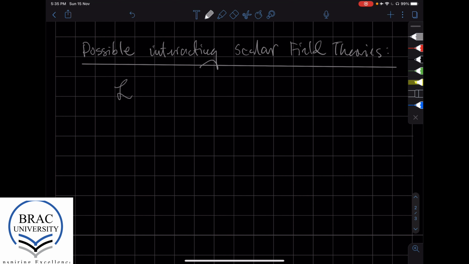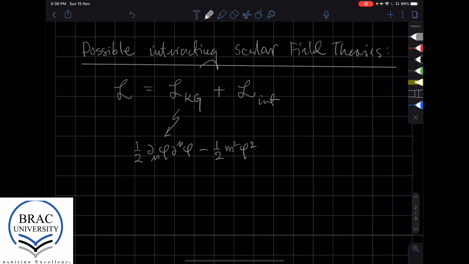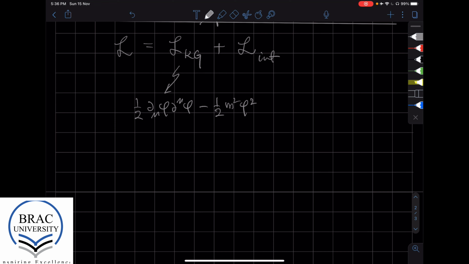So a scalar field theory could be the free Klein-Gordon Lagrangian that we saw before. So this could be, for example, half of del mu phi del mu phi minus half m squared phi squared. And then we could add to it an interaction term, which I'm denoting by L int. And L int can have various forms.